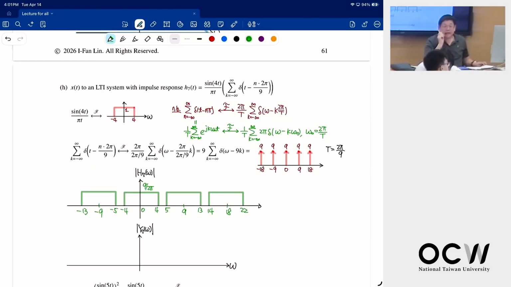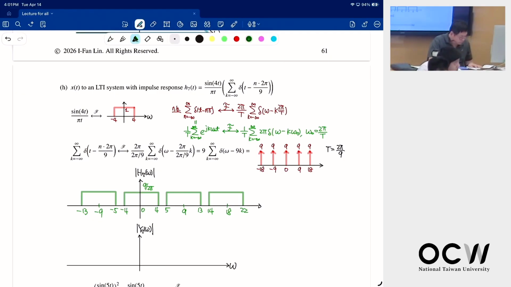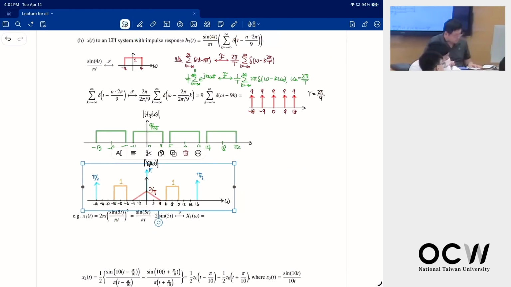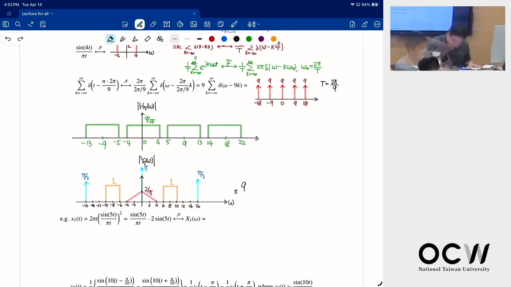Okay, and then you can see the x, all right, times your frequency response. You will see all the information is preserved, which means, okay, and then I need to times 9 over 2 pi.